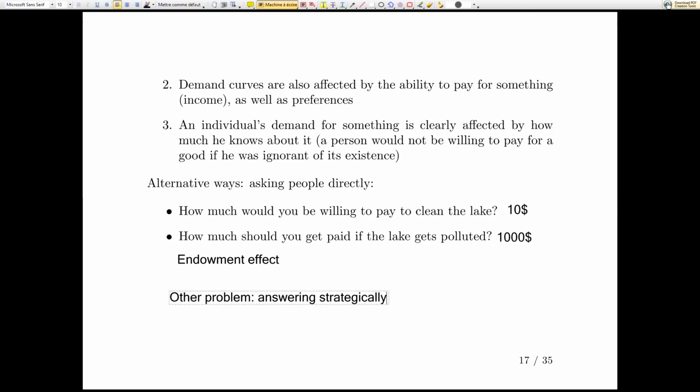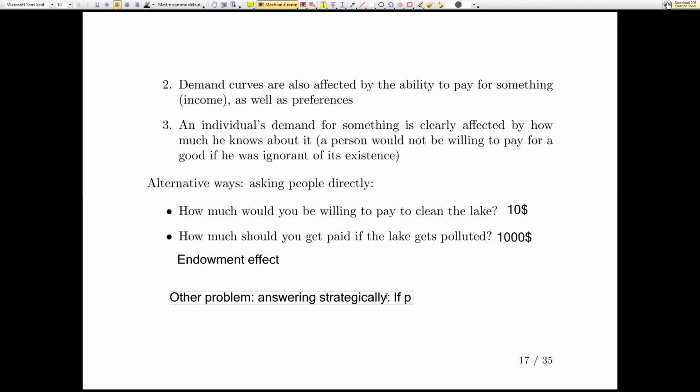What they do is they answer strategically, in the sense that they think, why are you asking me this question? Is it because next year you're going to actually ask me to pay what I just said I would be willing to pay? In that case, I'm going to say that I'm willing to pay $5 at most because I don't want to pay. So that's exactly a problem.